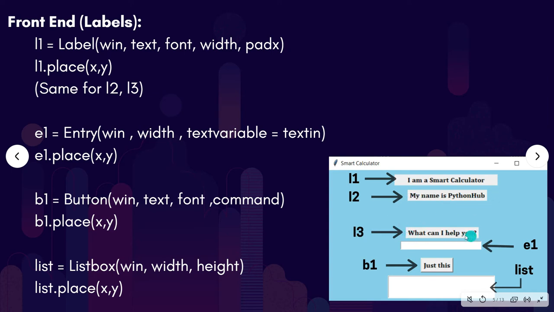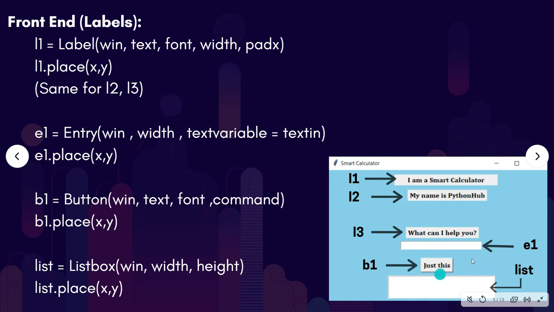So after creating all the labels, we will create this entry E1, and we will be using the Entry method for creating this. So we will give window, width, and then text variable, and then we will place this entry by giving the xy position.